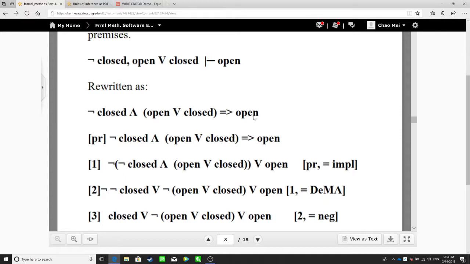Let me give you a maybe more solid example. The first premise is today is February 14th. The other premise is we got chocolate.